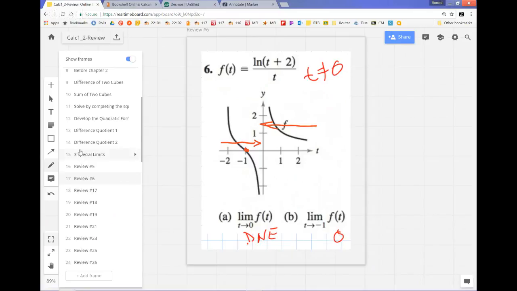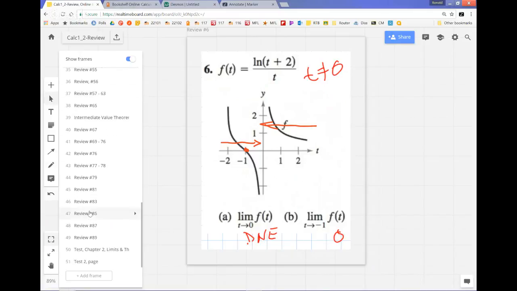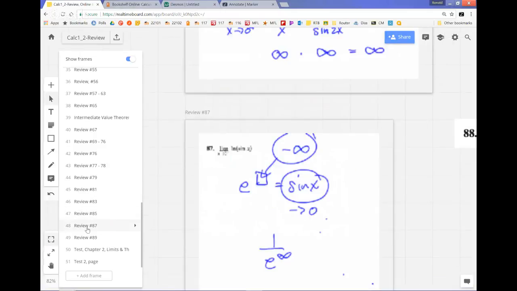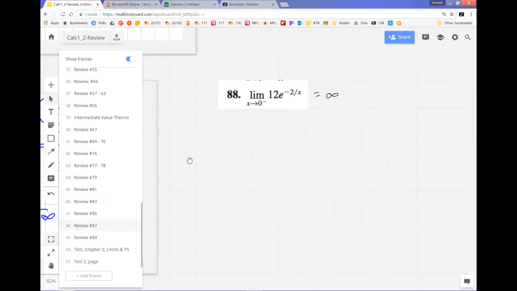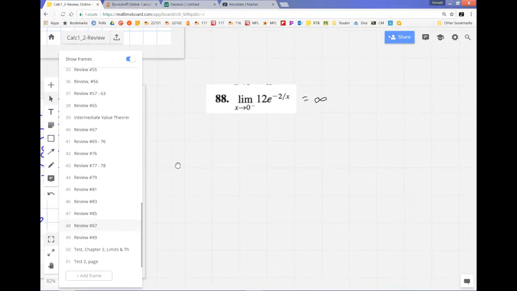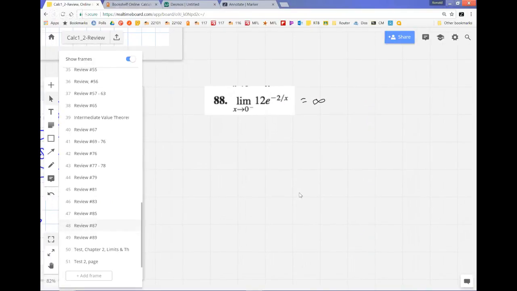And then the last one I got was number 88. There's 87. Okay, let's talk about number 88. So what's the limit of 12e to the negative 2 over x as x approaches 0 from the left?